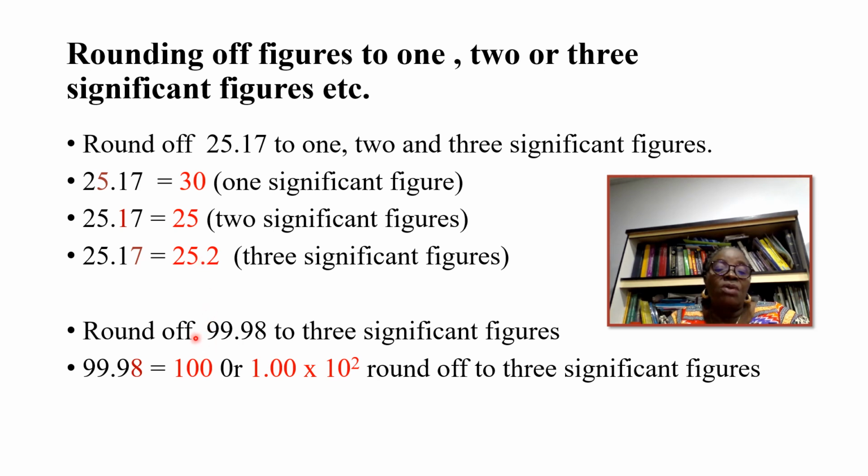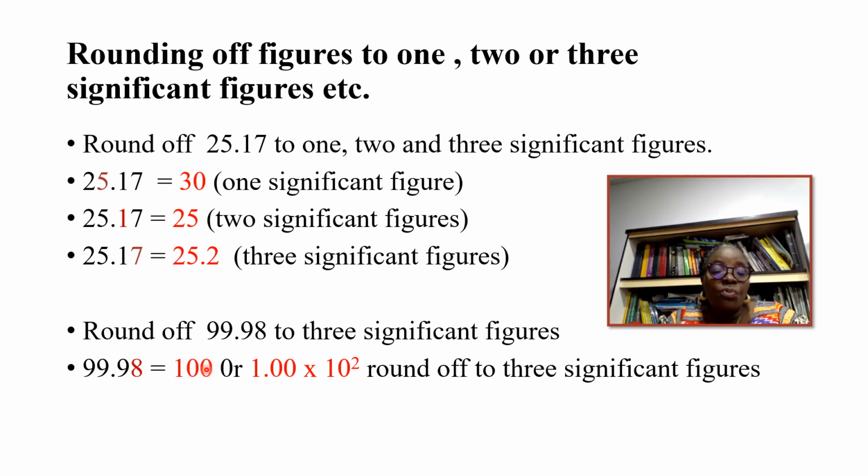If you are told to round off 99.98 to 3 significant figures, 99.98 here has 4 significant figures. So you are rounding off to 3 significant figures. So you will see this 8, you round it off, it becomes 10, you add 0, you put 1 here, and the answer will become 100 with a dot.